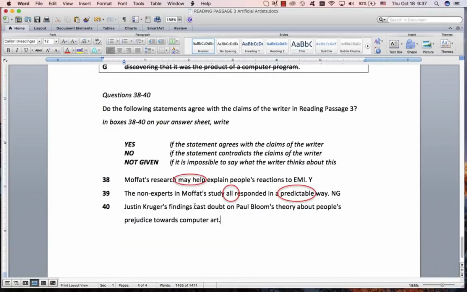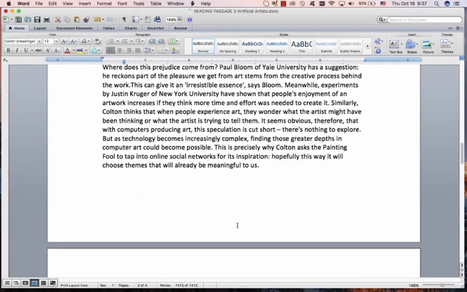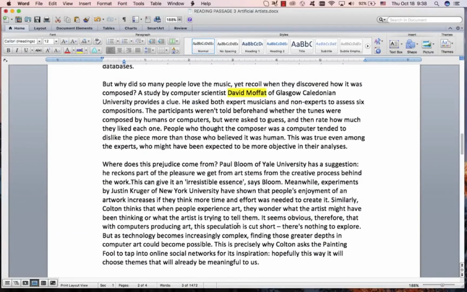Then finally, the cast doubt. Did his findings cast doubt on his theory? So we need something that's kind of negative. So here he is here. And this is very difficult because you've got to know what he says and what this theory was. So his experiment showed that people enjoy an artwork if they think more time and effort was needed to create it.